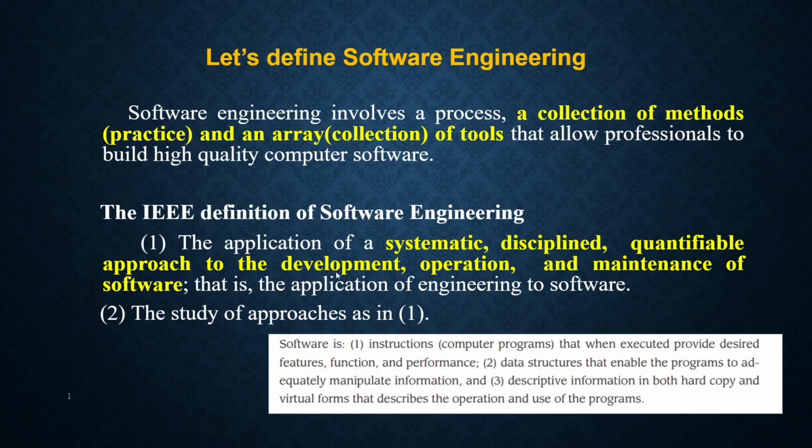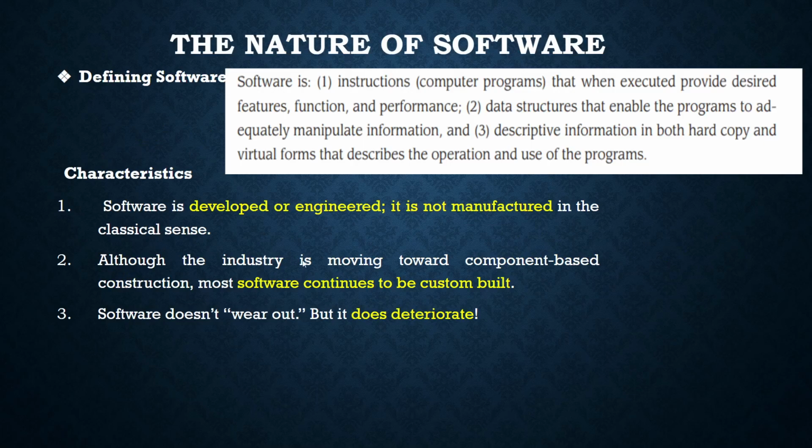You develop a product, you see that it is in operation, and you see that it is maintained completely. And for all these processes there should be some approaches involved. Put together, that is called software engineering.